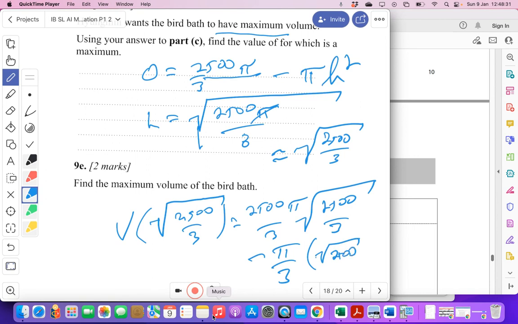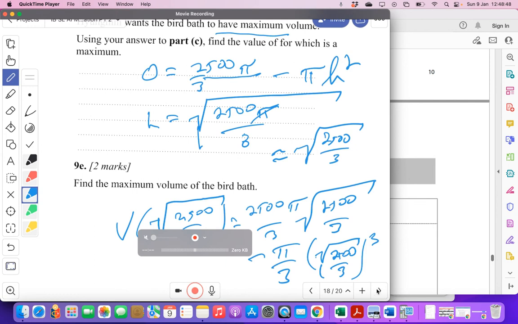Radius is 2500 divided by 3, square root, and then cube that. Okay, so when I did that calculation, I didn't write it down. We can check it on the answer sheet, but you'll see what you get. Okay, next question.